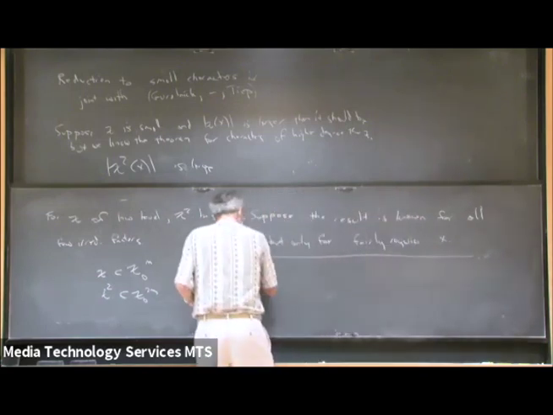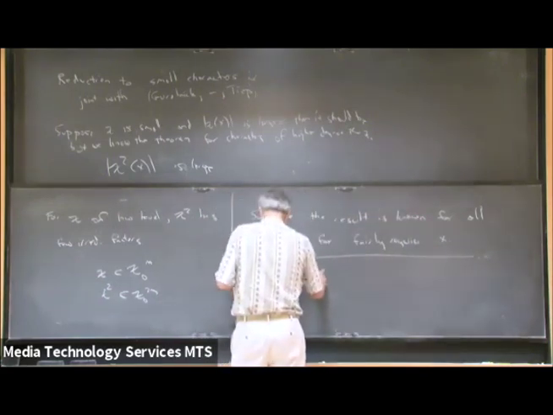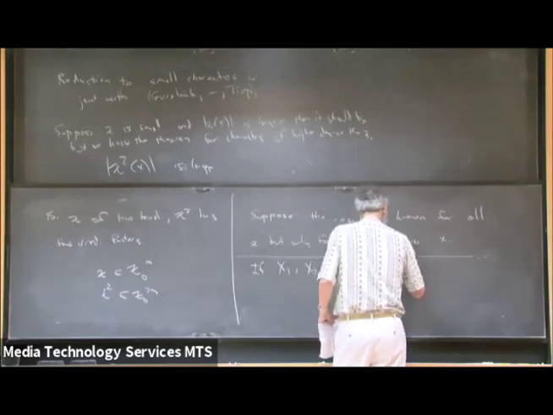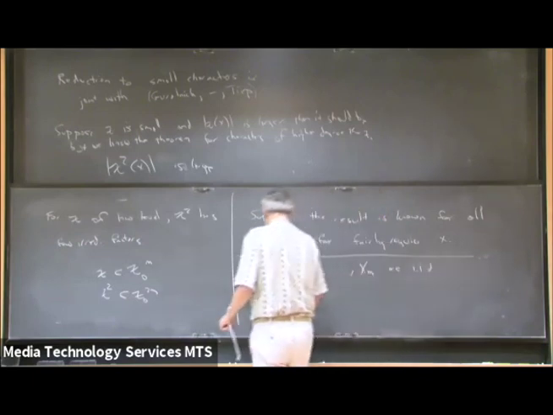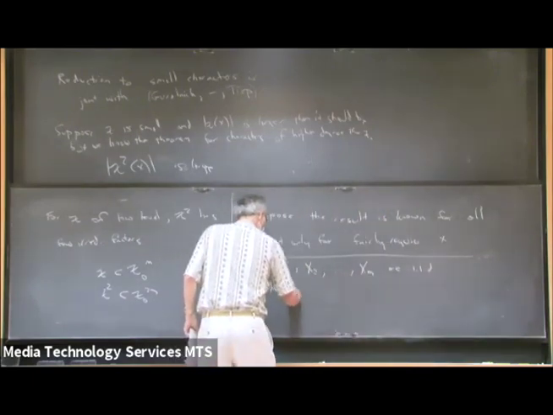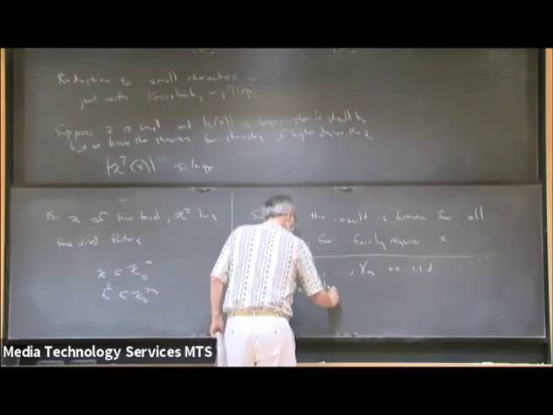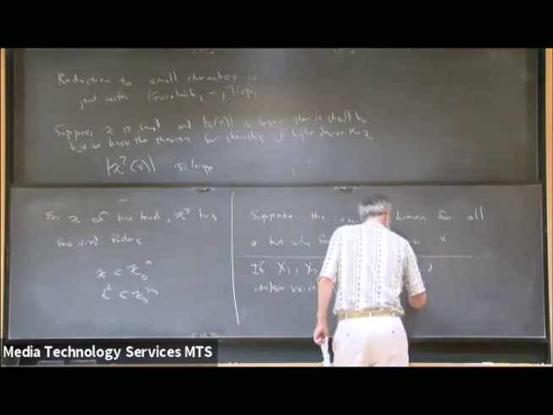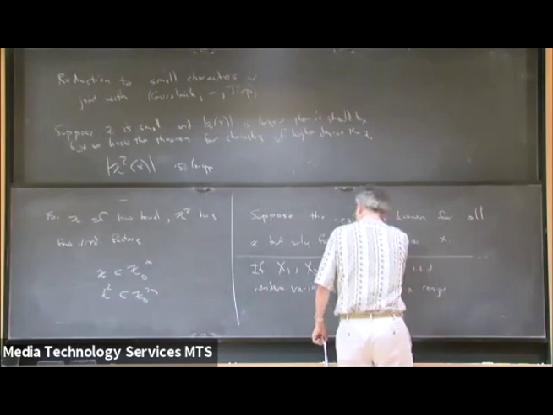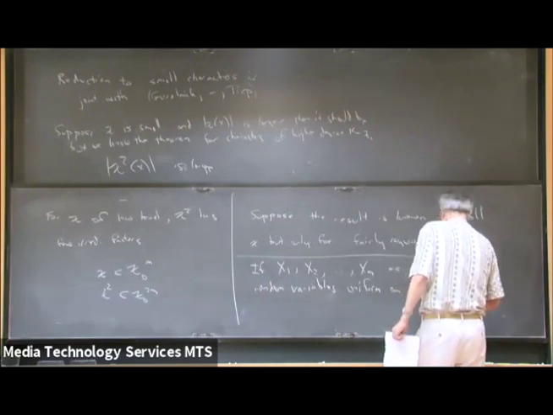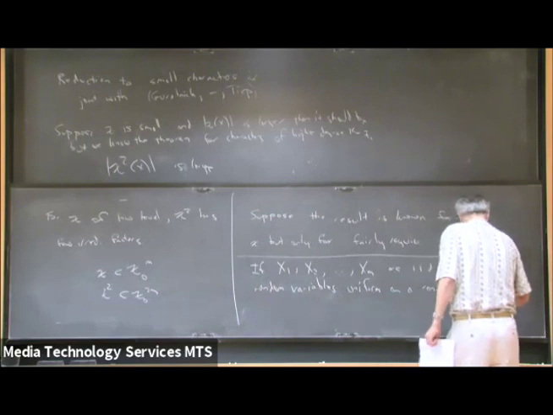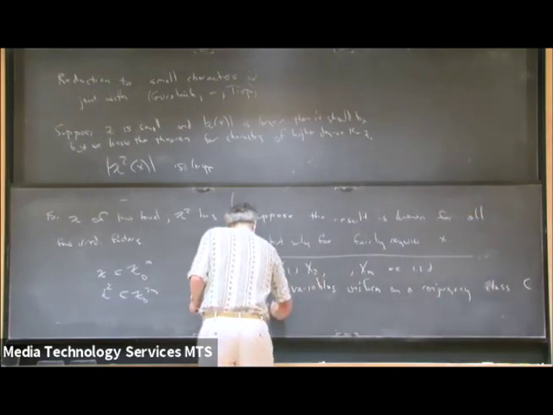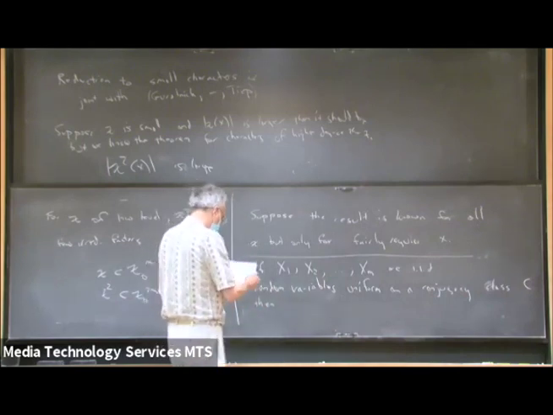So if x1, x2, through xm are IID random variables, uniform on a conjugacy class, I call the conjugacy class C so we don't confuse it with the random variables, then we have the following formula for expectations.